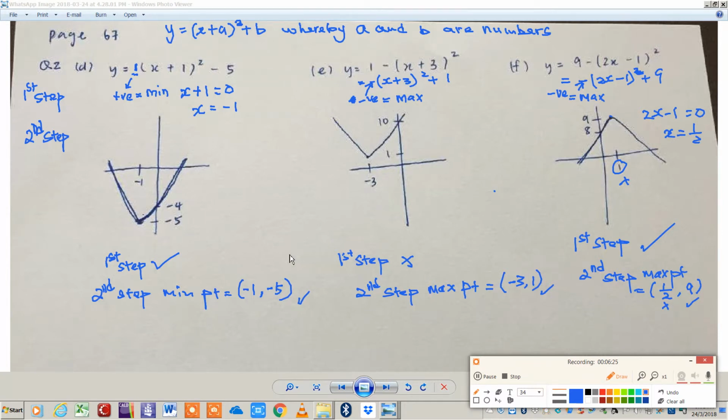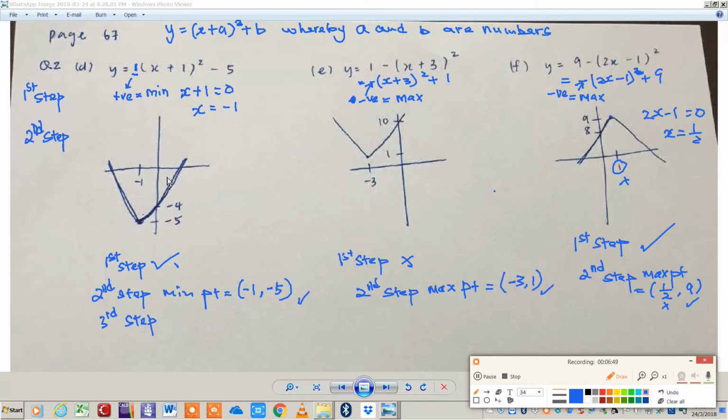Okay, now the third step is to look at the y-intercept. Okay, now at the y-intercept, x is equal to 0.